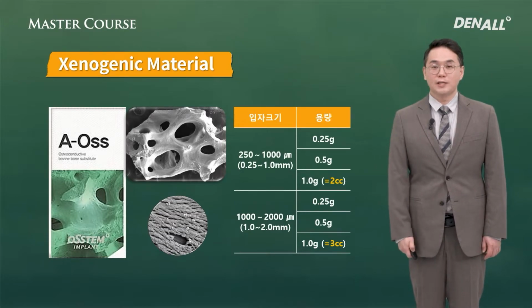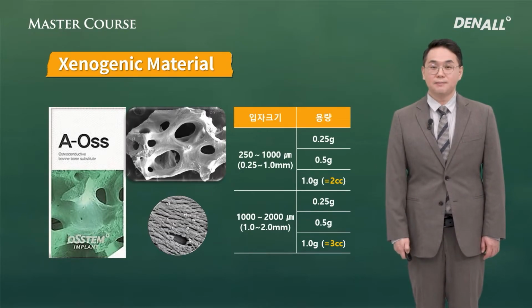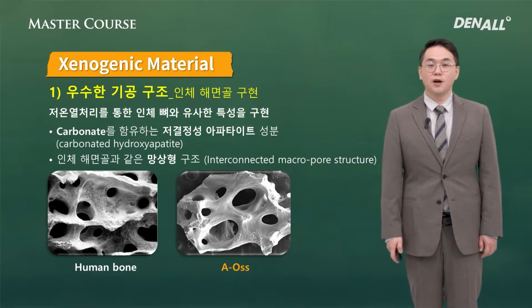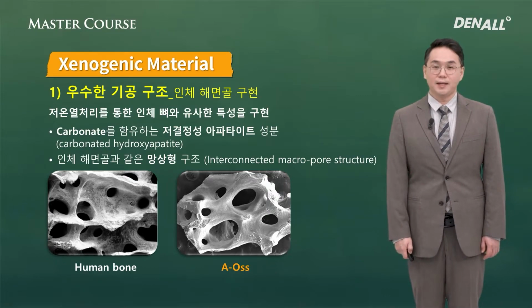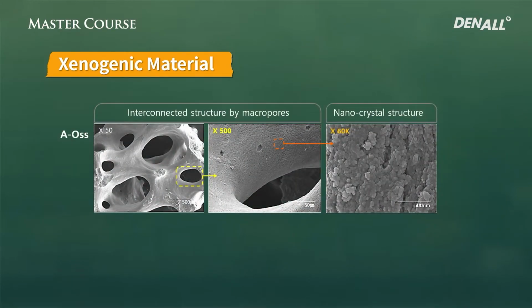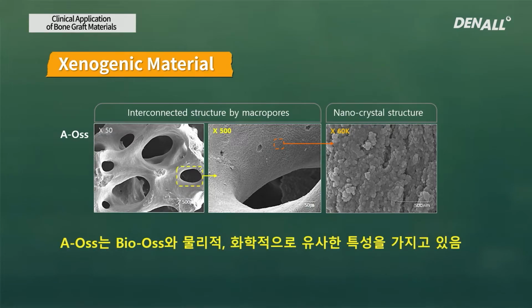The structural similarity to human is maintained. As you can see, human bone is very similar to AOS in terms of the pore structure. Macropores on the surface and the macrostructures are very similar. So osteoblasts can get attached to it very easily. It is similar to human cancellous bone physically and chemically. The structural similarity is maintained due to the low temperature treatment.